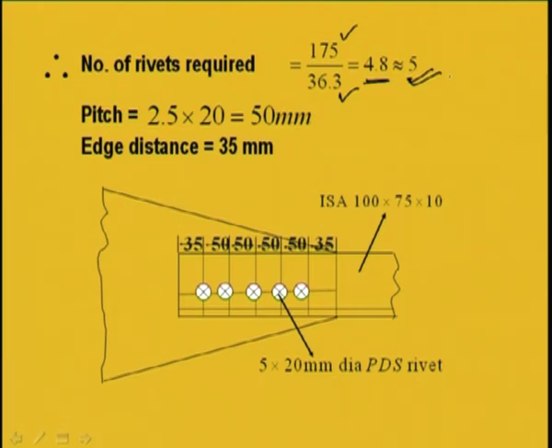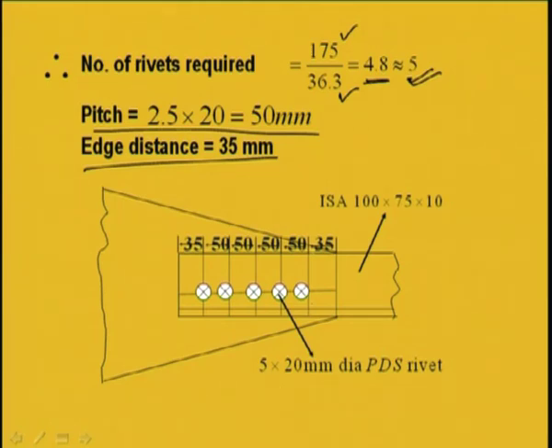Now pitch, from the Codal provision we know minimum pitch will be 2.5 into D, that is around 50 mm. So we can make it 50 mm, and for edge distance, let us consider 35 mm, right. With this we can arrange the riveting like this.